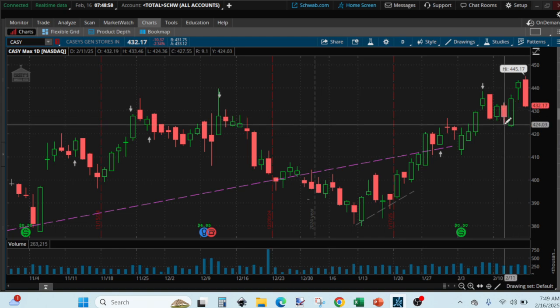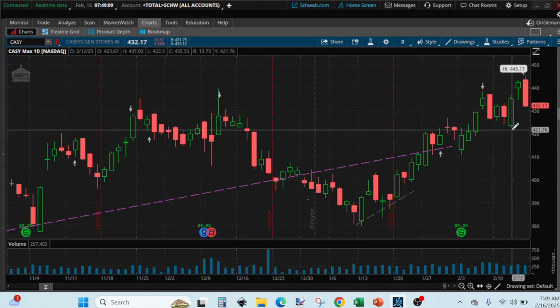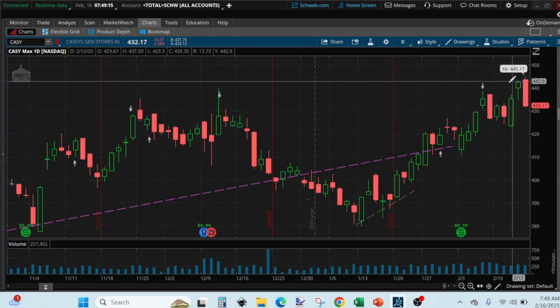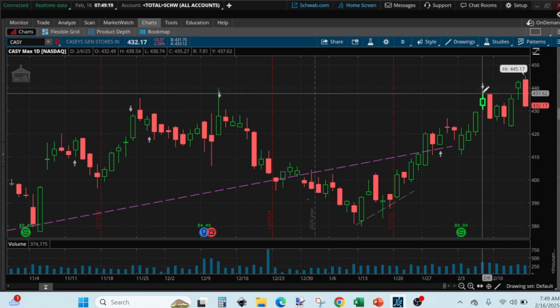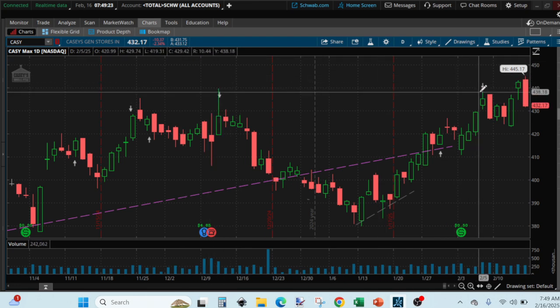So this pullback could have wiped out maybe 2 days of profit here. It wiped it out in 3 days though, but then went back up and reached a high here, higher than, I think we sold it right close to this previous high when it reached it.